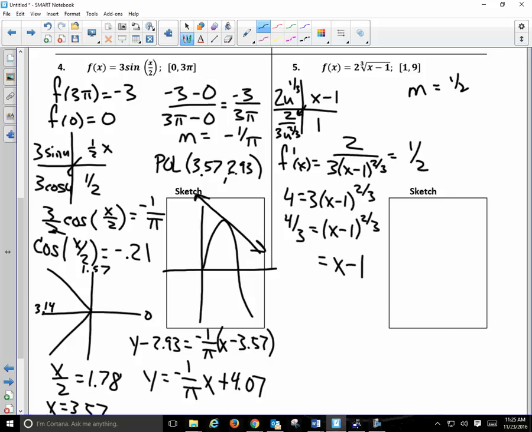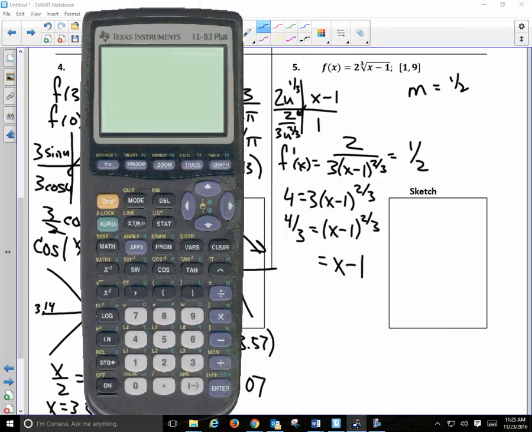So we got x minus 1 is equal to 1.54, to the 3/2 power. Make sure you put that 3/2 in parentheses.